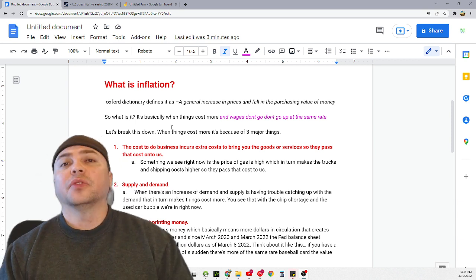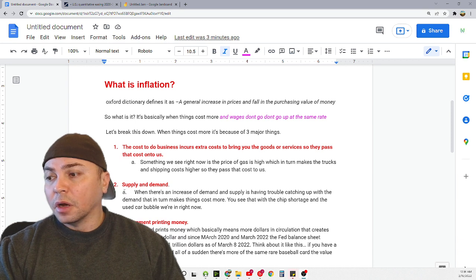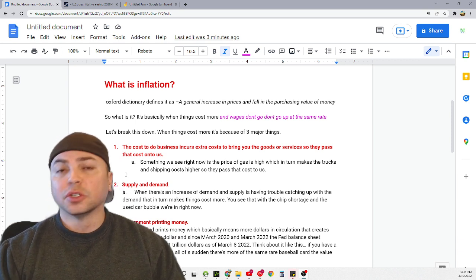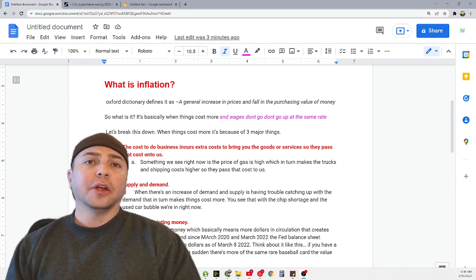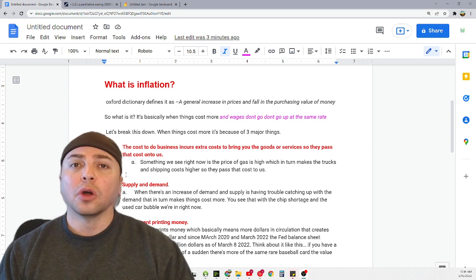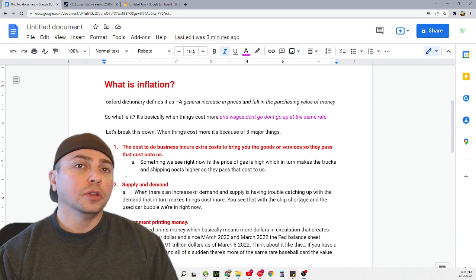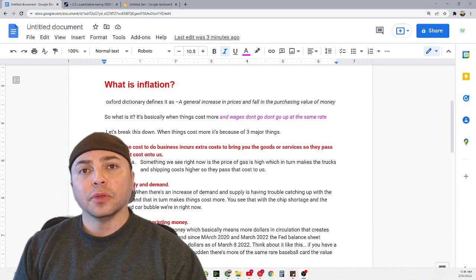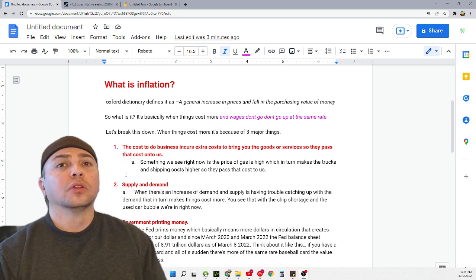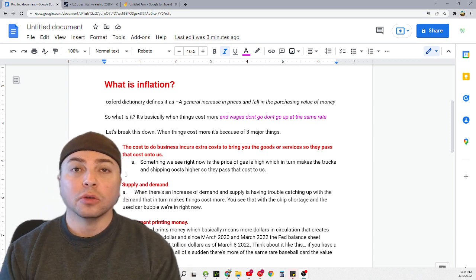Now, second thing is supply and demand. If you have a higher demand in something and there's less supply, the price is going to go up. During COVID in 2020, a good example was everybody was looking to work out from home, and we all saw bicycles going up in price.